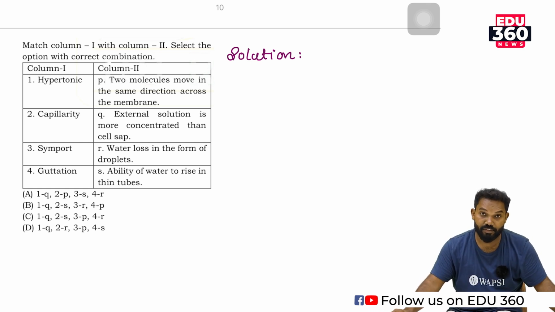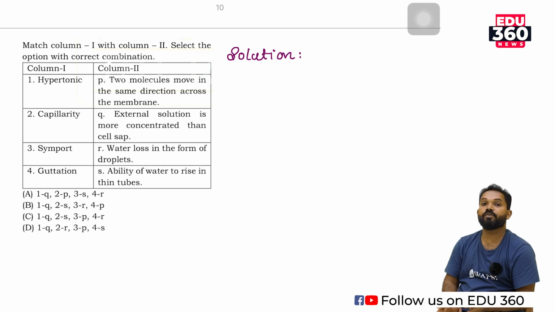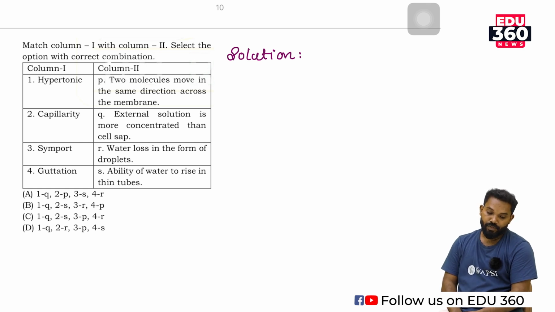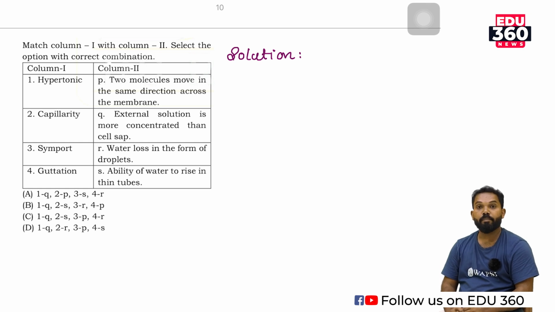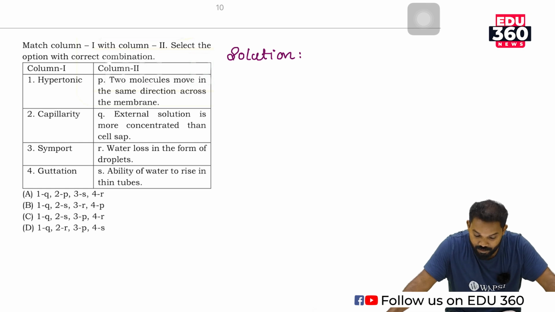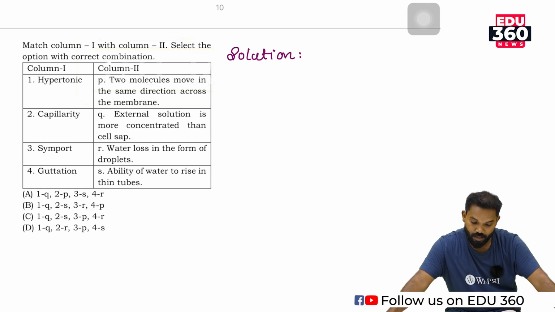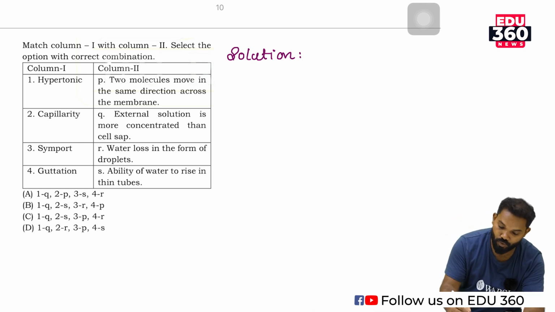What is tonicity or osmotic concentration? That means how much solute is dissolved in that solution. If the concentration of dissolved molecules is very high, then the solution is said to be hypertonic. The osmotic concentration is very high, so it is known as a hypertonic solution. Then, just the opposite, there is also a hypotonic solution.